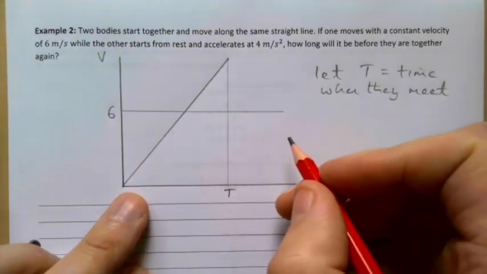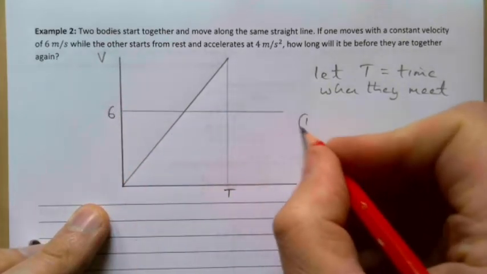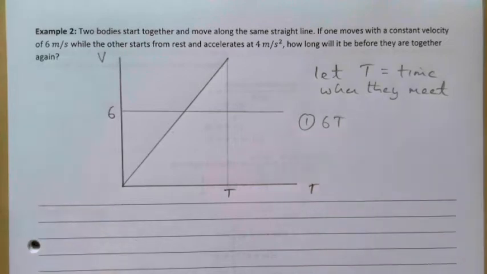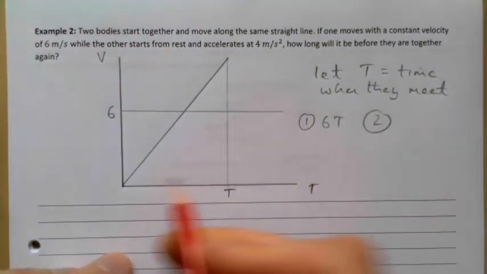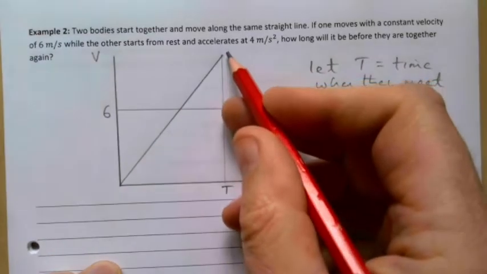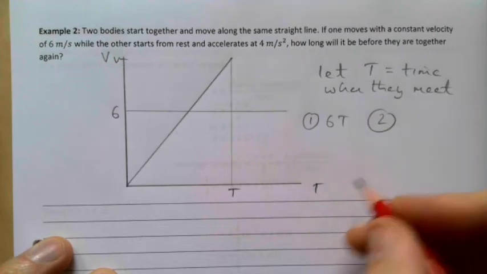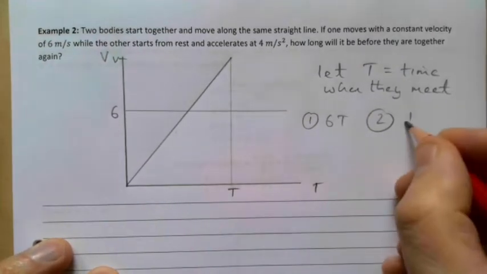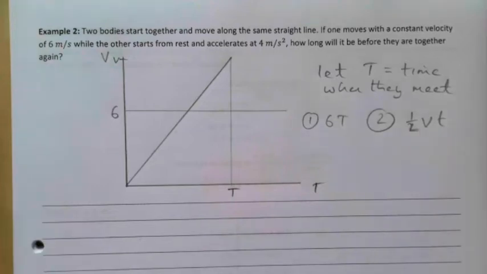So the first area is just going to be 6 times t. The second area is going to be t times v, which we'll call the velocity they're doing up here, divided by 2. So it's going to be a half vt.